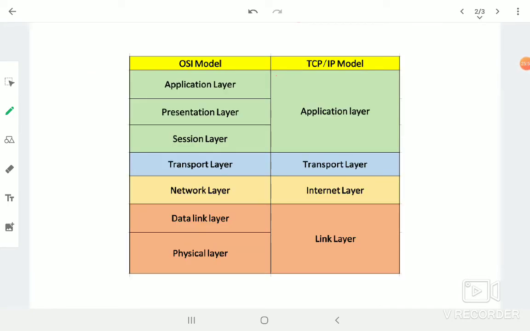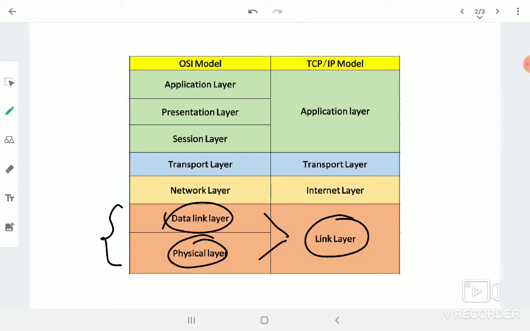Okay, so the next up is the data link layer and the physical layer if we talk with respect to the OSI model, but the TCP IP model again combines these two layers and calls it a link layer, right? So let's understand what is physical layer and what is data link layer, right?